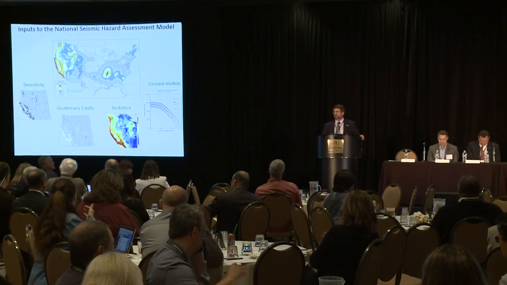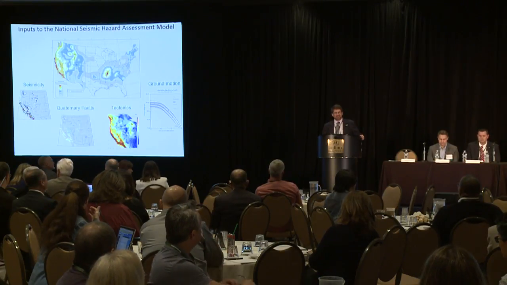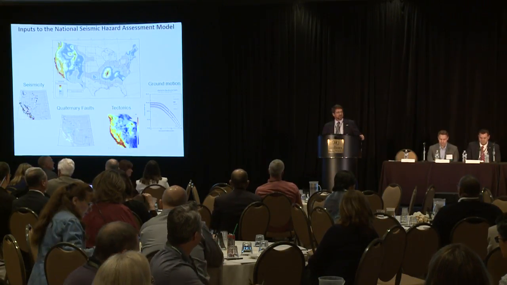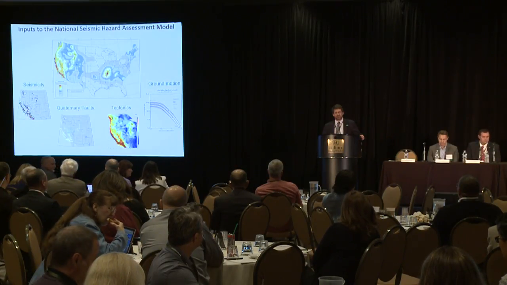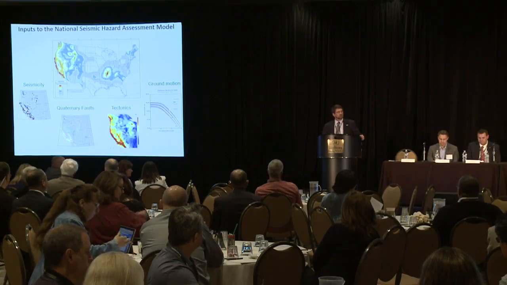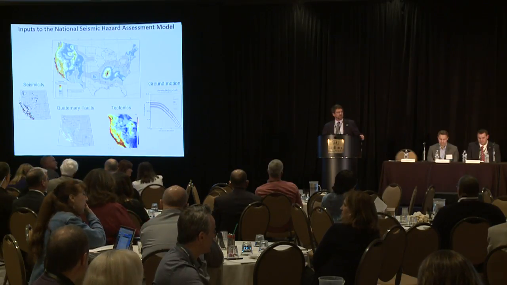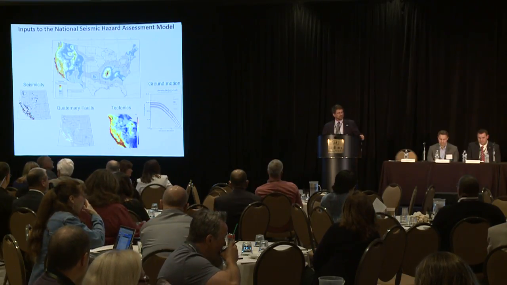For the central and eastern U.S., we have a lot less information than we do in, say, California on these things. The seismicity rate is relatively low, and we've been recording earthquakes with a much sparser network. For the faults, many of the faults that are problems in the central and eastern U.S. are unknown. They're buried in the basement rocks, overlain by sedimentary cover, invisible at the surface.